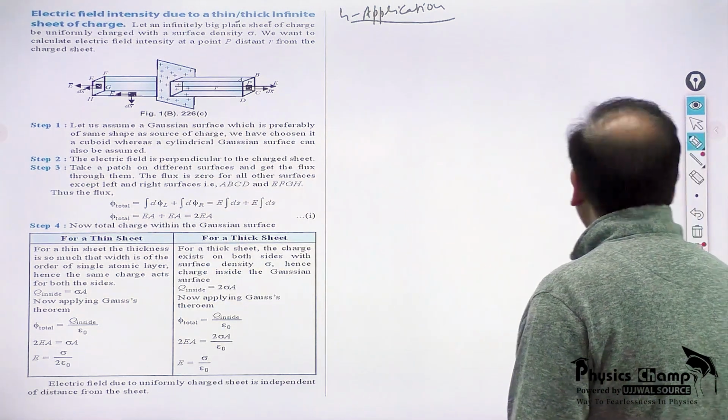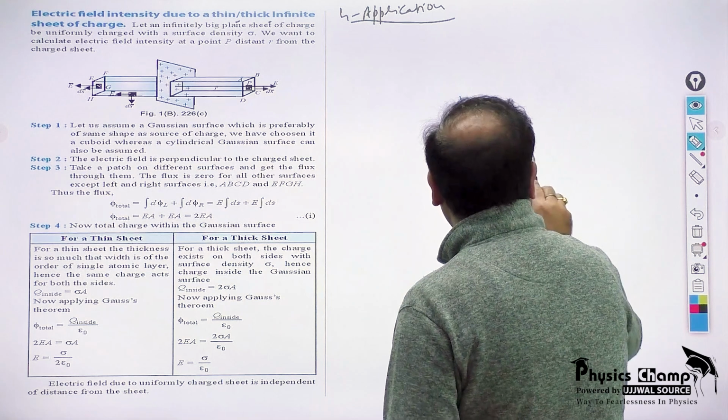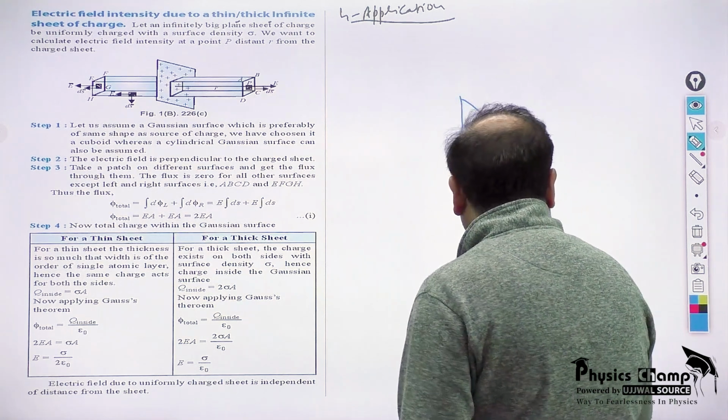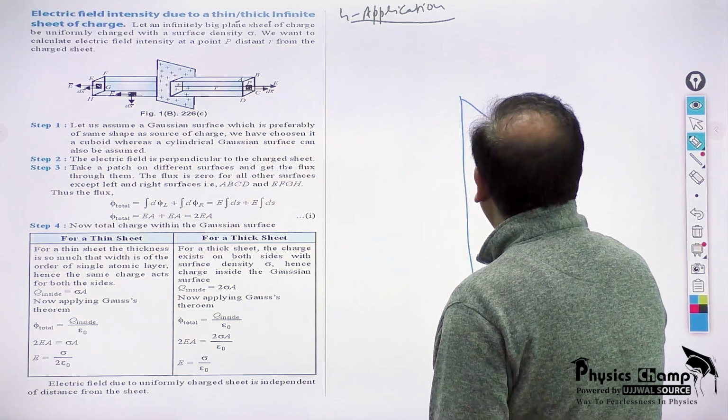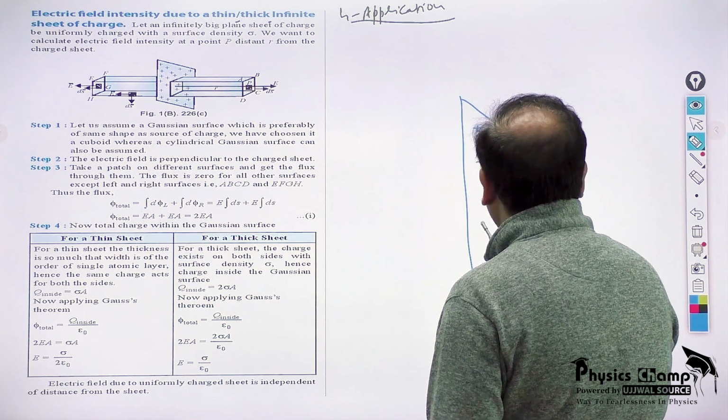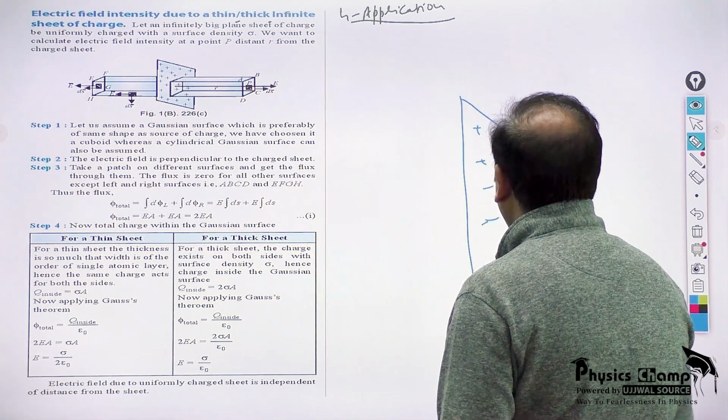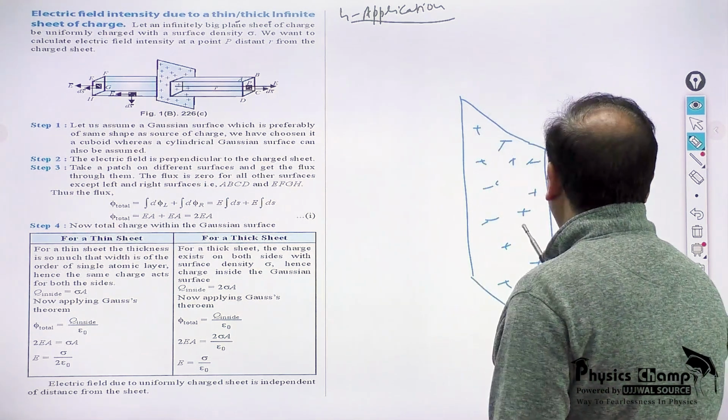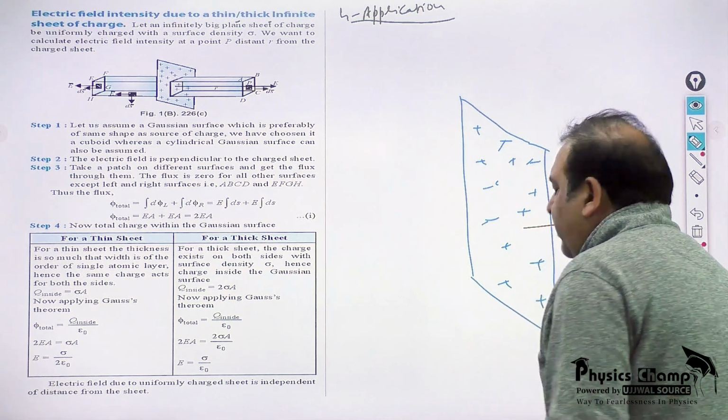So here you are provided a sheet of charge which is infinitely big, in fact, as compared to the distance of the point where you are looking for the electric field. Maybe you are looking for the electric field at a point P here.